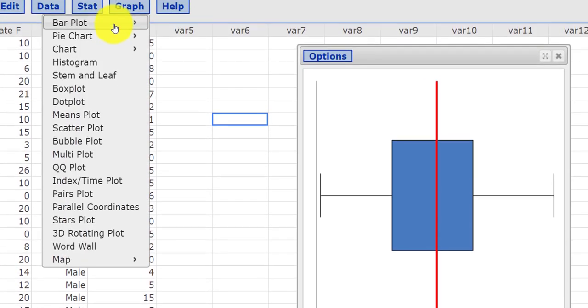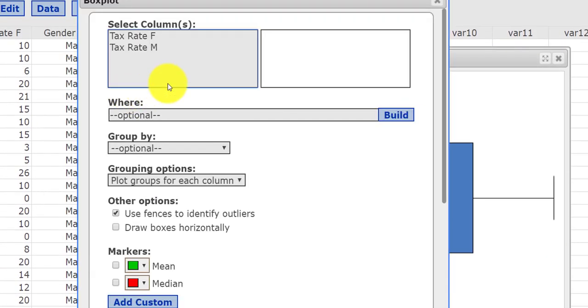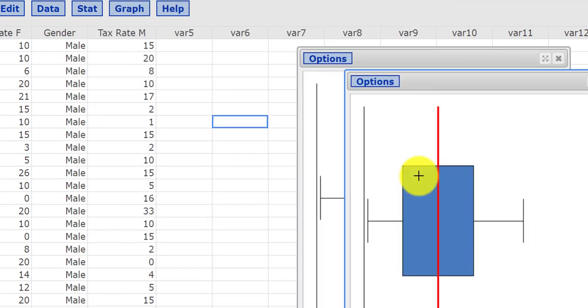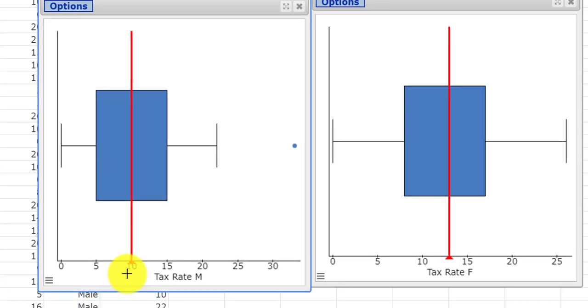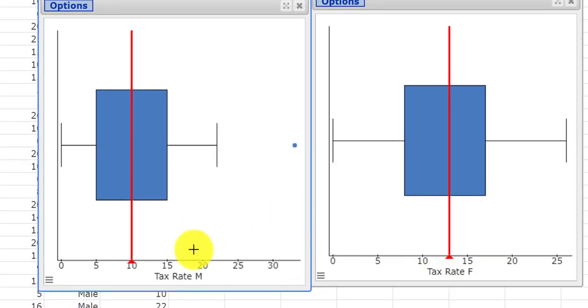And then we'll do another one, graph, box plot, tax rate for males. Again, I want the median, and I want to draw the boxes horizontally. So right away, I can see that the median for males is 10%. Median for females is like 12 or 13%. All right, so it looks like it's greater for females.